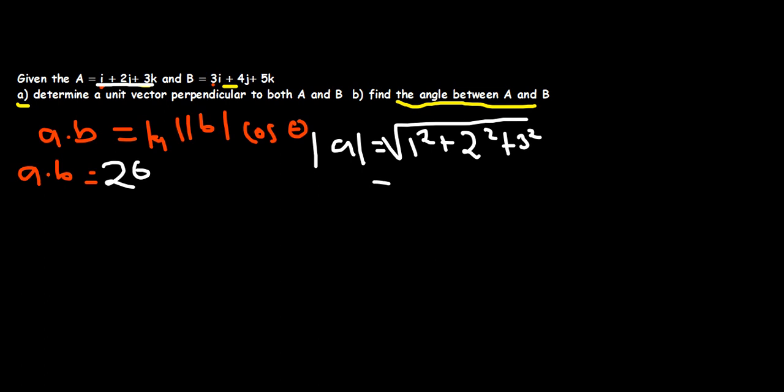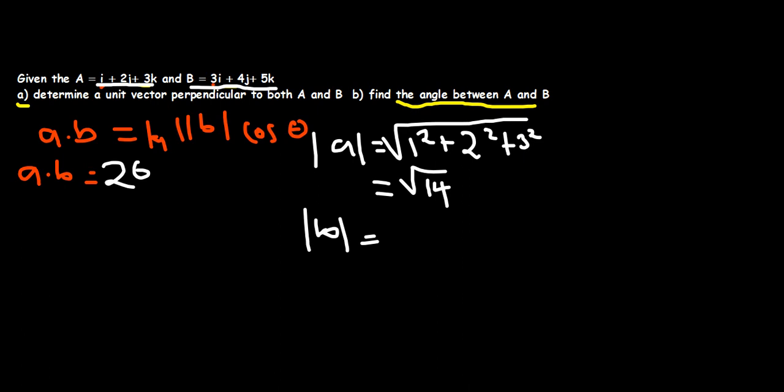So what will that give us? 1 squared plus 2 squared, that would be 5, plus 3 squared, which is 9. So you are adding 1 plus 4 plus 9. So we are going to get 14. So this will be the root of 14. And then magnitude of B is equal to, you check the vector on B, which is 3, 4, 5.